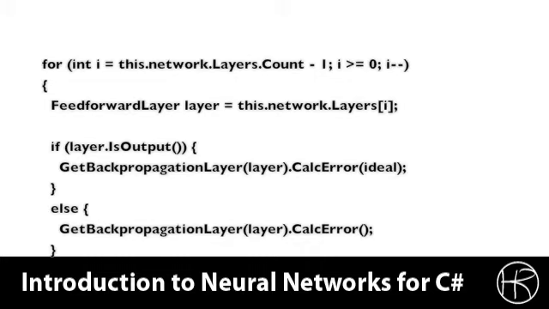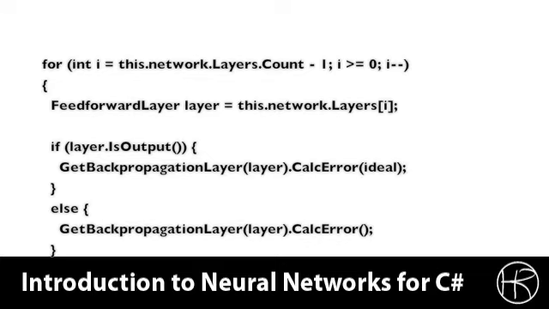Now let's look at how the error contributions are actually done. Here you can see that we're looping over all of the layers. But look at the for loop in the top line. It's looping backwards. This is because we're doing backpropagation where we want to consider the output layer first. One by one, we obtain the layer and place it in a layer variable. We call one of two different calc error functions. We need one error function for the output layer because it's handled differently.